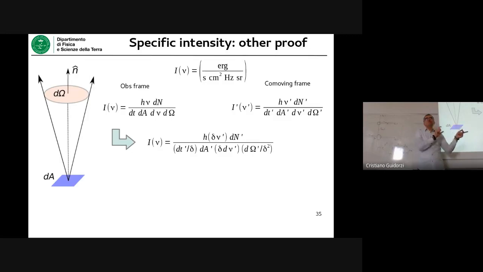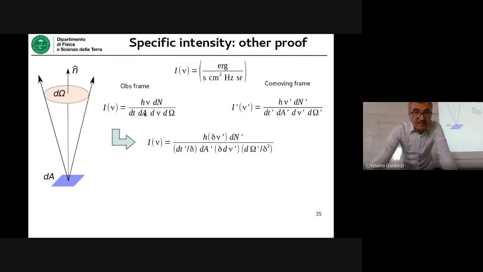If frequency scales with a factor of delta, time interval scales in the reciprocal way, 1 over delta. So while nu, when moving from the primed to the unprimed system, gains a factor of delta, time intervals gain a factor of 1 over delta. If you want, just because of the dualism between frequencies and time intervals, it's always the same thing. So dt is just dt prime over delta.